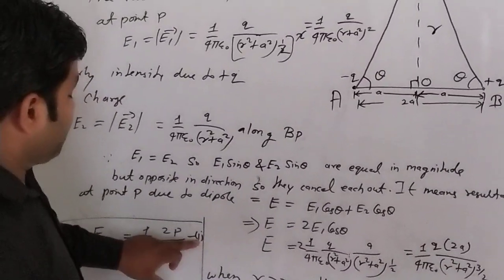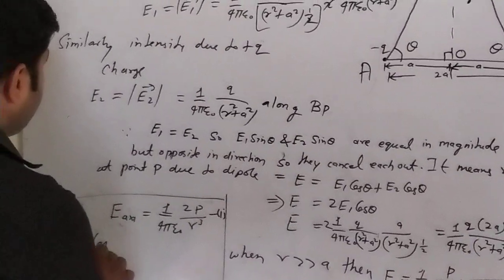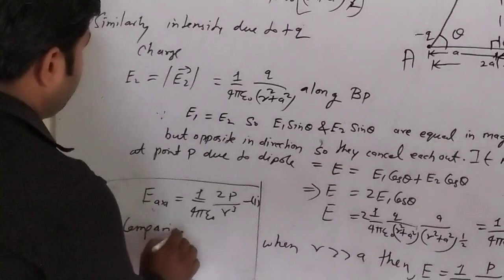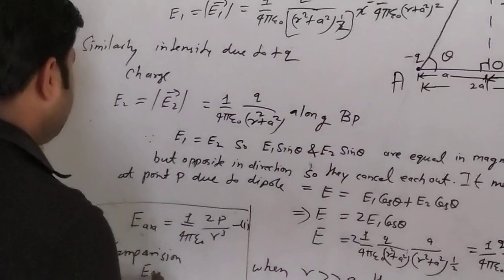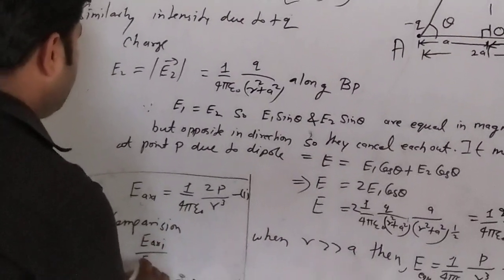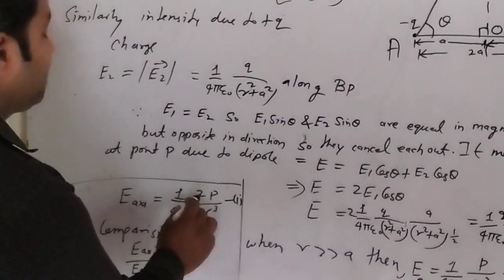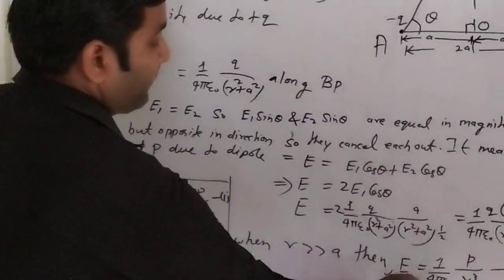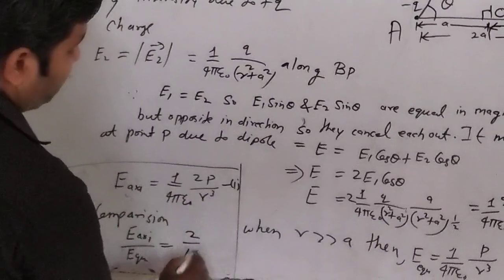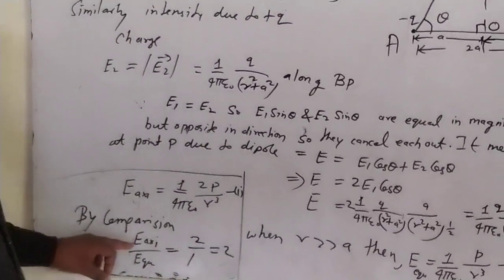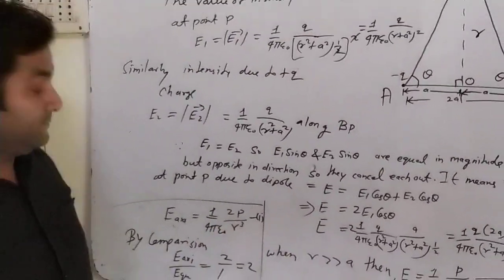When we compare equation 1 and 2, E axial upon E equatorial, the factor 1 upon 4 pi epsilon naught p upon r cube cancels out, and only 2 remains. So E axial is equal to twice E equatorial.